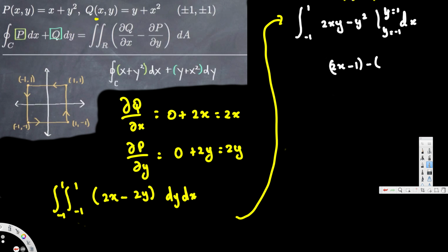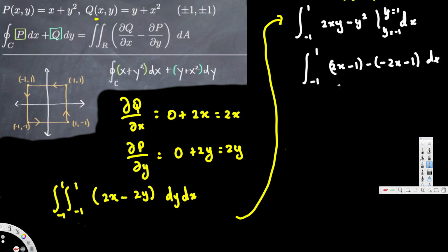2x times negative 1, that gives us negative 2x, and if we plug negative 1 into y², that's still negative 1 because negative 1 squared is 1, from negative 1 to 1 dx. Now let's simplify this. 2x minus negative 2x becomes plus 2x.